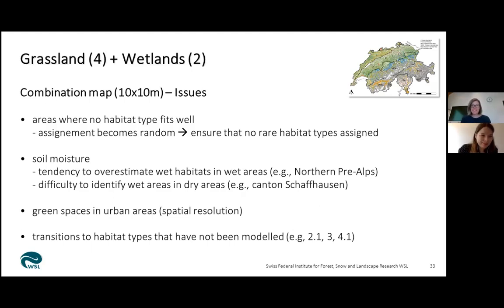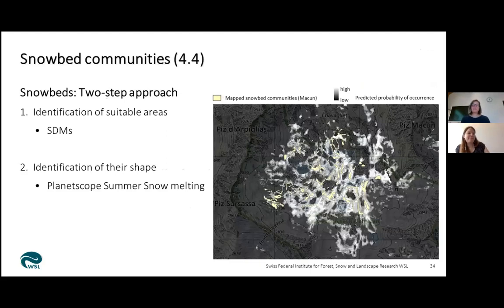Thank you, Nika. Yeah, so one of the grassland types that we treated separately as a kind of special case was snowbed communities. Nika modelled the potential snowbed communities in a similar approach as she did with the other grasslands, but because snowbed communities are a special and rather small, fine-scale habitat, we didn't want to include the model directly in the same way as the other grasslands.